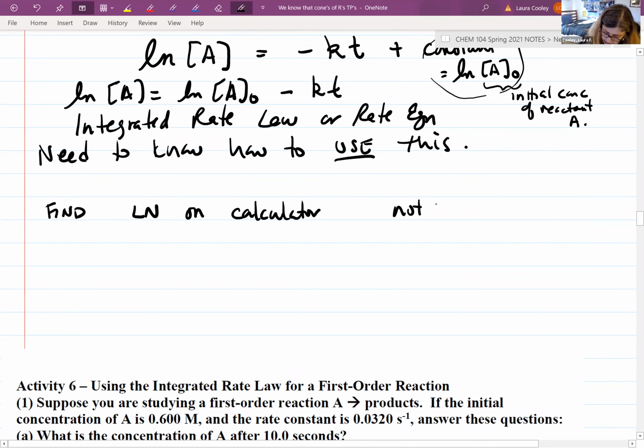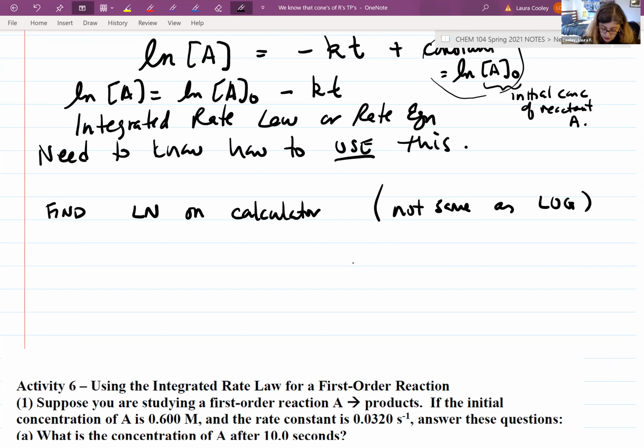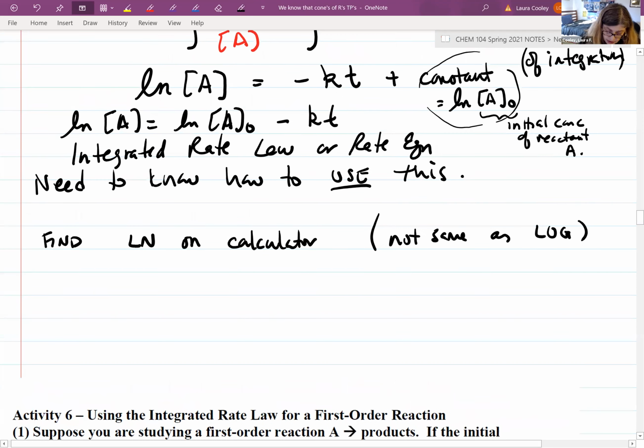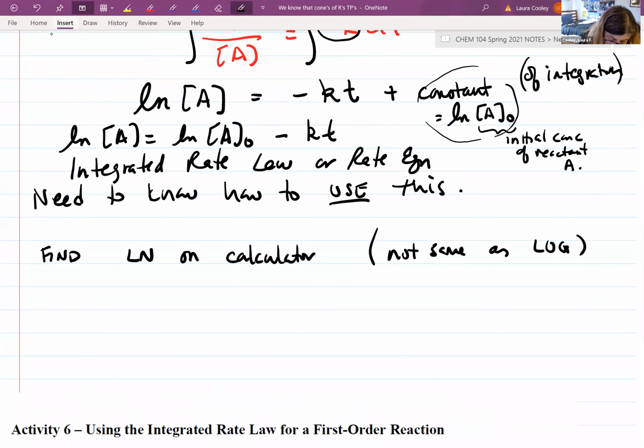This is not the same as log. That's a base 10 log. This is a natural log.